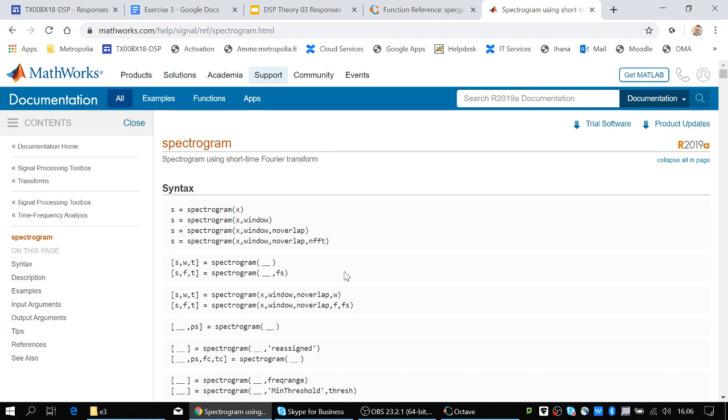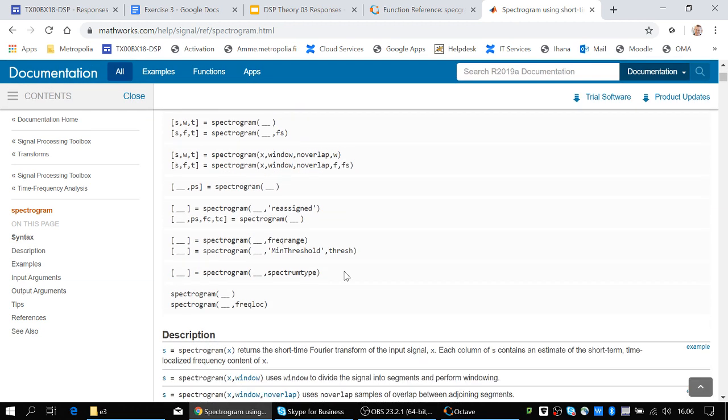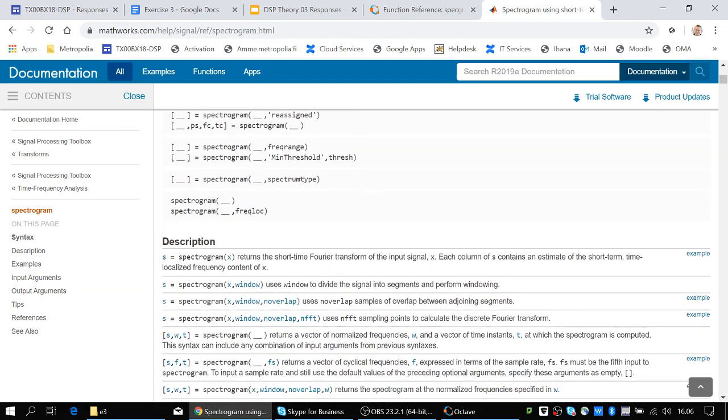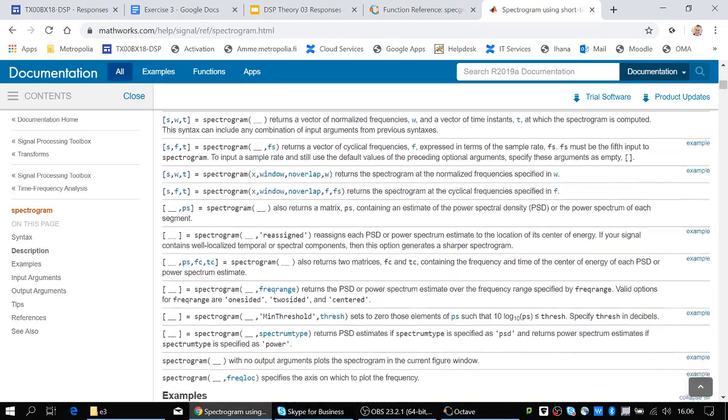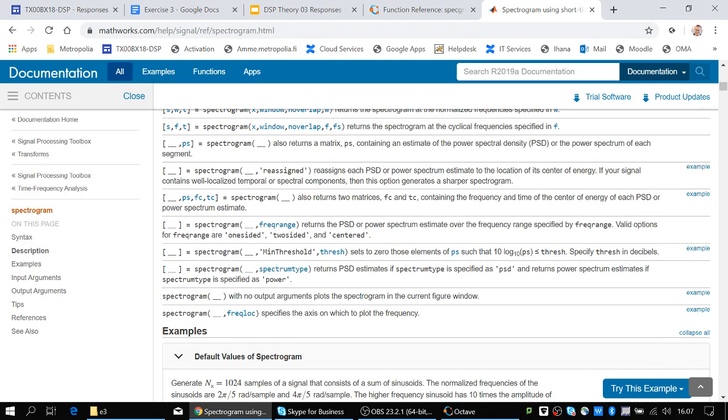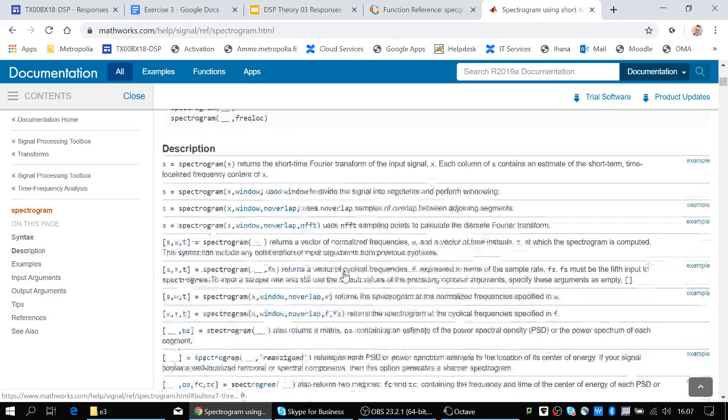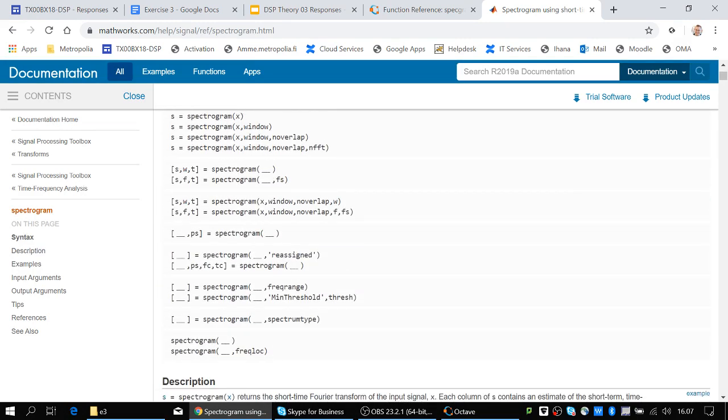So on MATLAB, it's called spectrogram, and you would use almost the last form, where you have the frequency on the vertical axis.